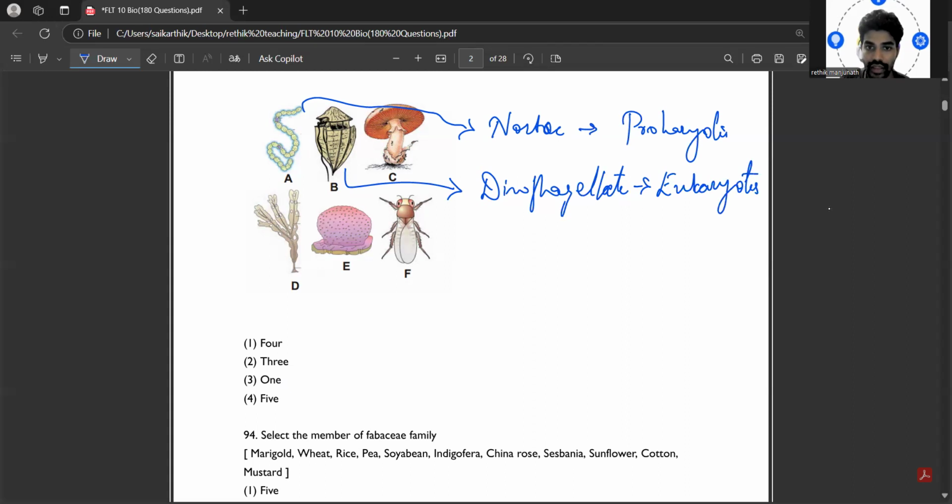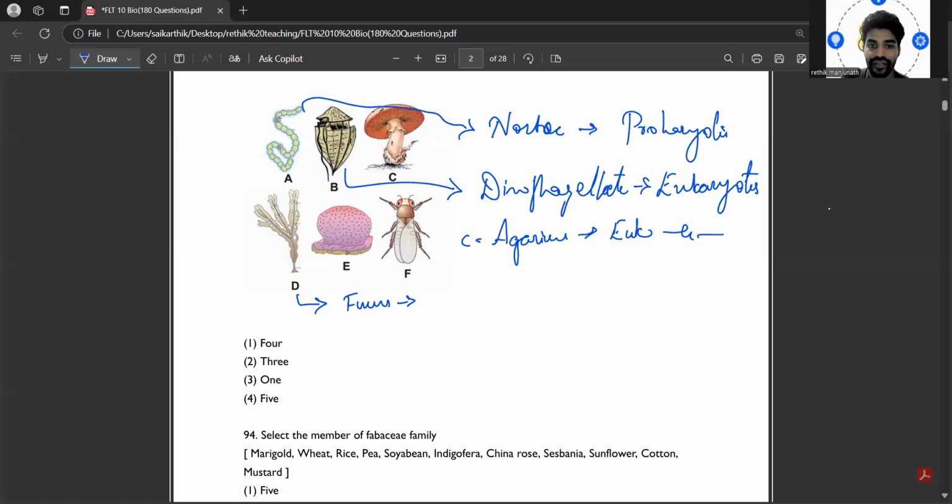Coming to C, what does C refer to? They're actually the group fungi, so you can call them Agaricus, which is again eukaryotes, correct? Which is again eukaryotes. And coming to D, it belongs to Fucus, right?